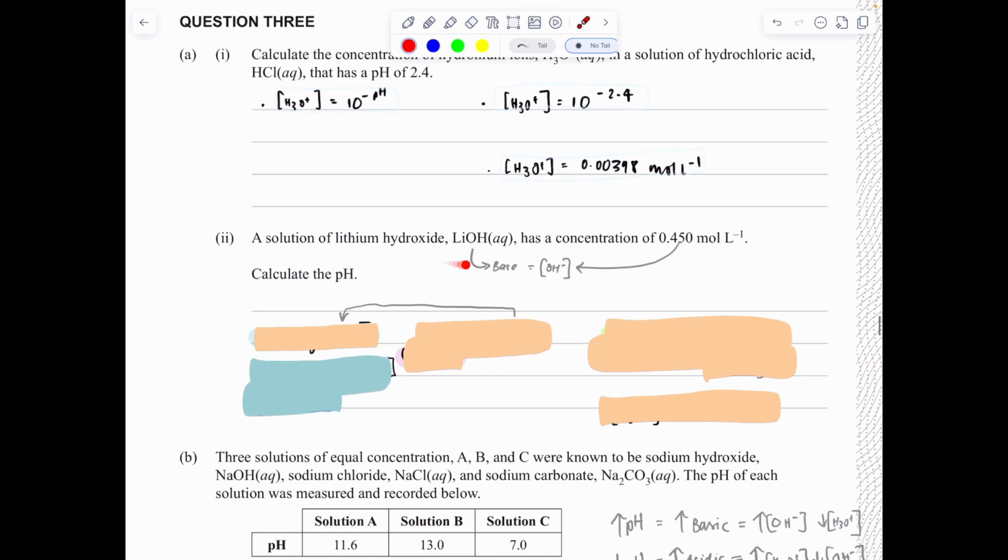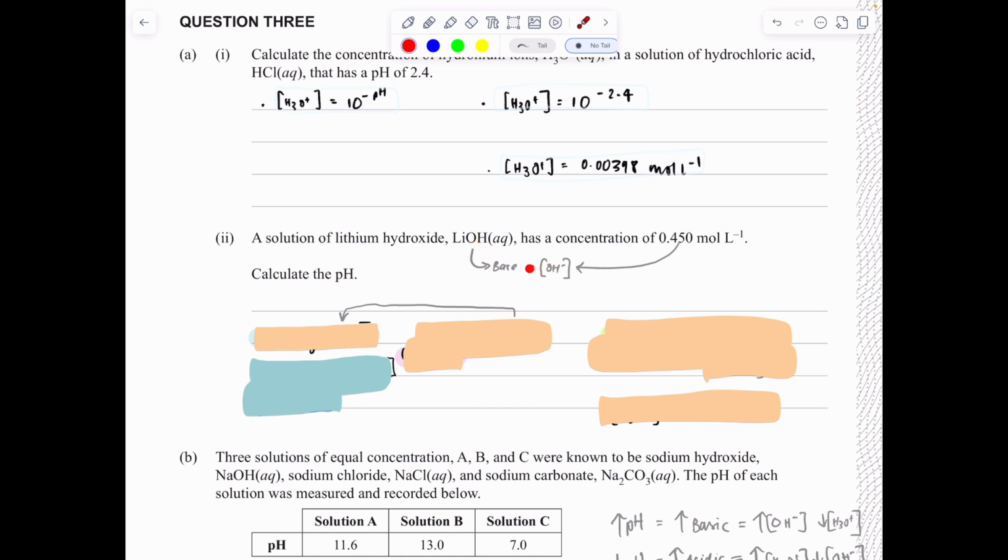Zeros aren't counted as significant figures unless they're in between non-zero digits, and don't forget the units as well. A solution of lithium hydroxide has a concentration of 0.450 moles per litre. Calculate the pH. pH, remember, is a concentration of hydronium ions. LiOH, lithium hydroxide, is not providing H3O+ ions, it's providing OH- ions because it's a base.